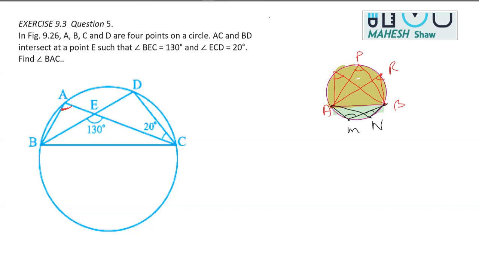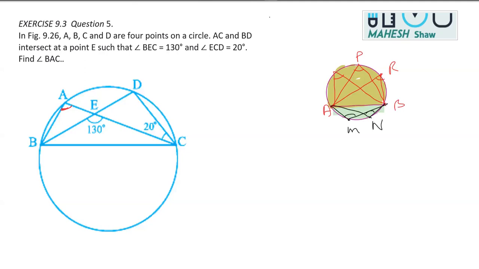Now, first of all, we can see that this angle of 20 degrees and this angle are on the same segment. They are made from the arc AD, on the same segment. And angles on the same segment are equal.